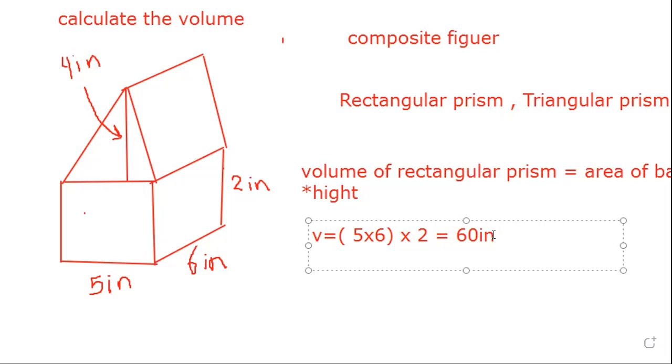Then we will calculate volume 2, the volume of the triangular prism. It's a triangle, so the area of the triangle is half times base. We don't have 5 directly here, but they are parallel, so their lengths should be the same, Ibrahim, right?